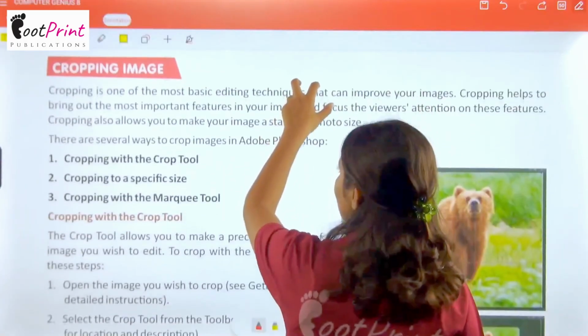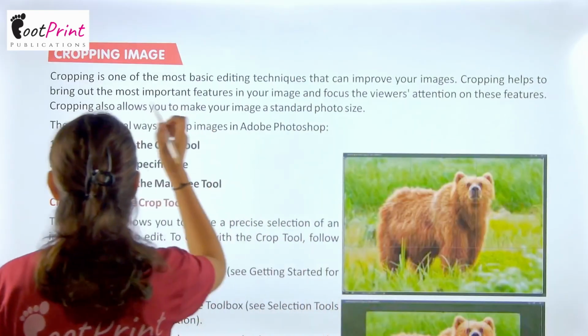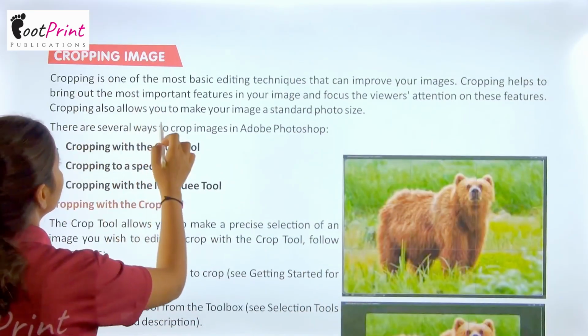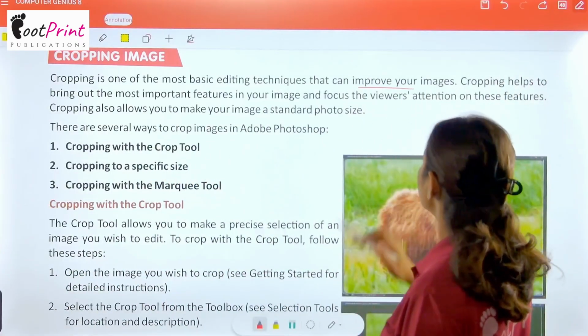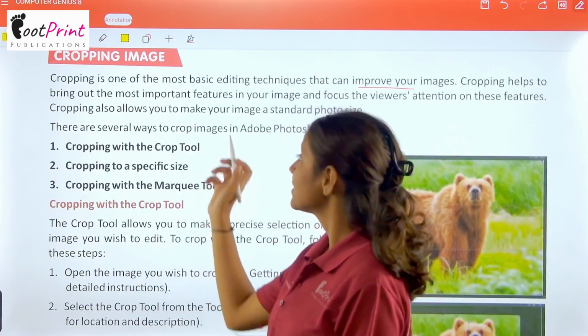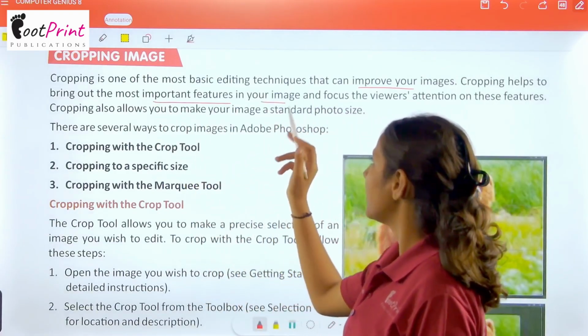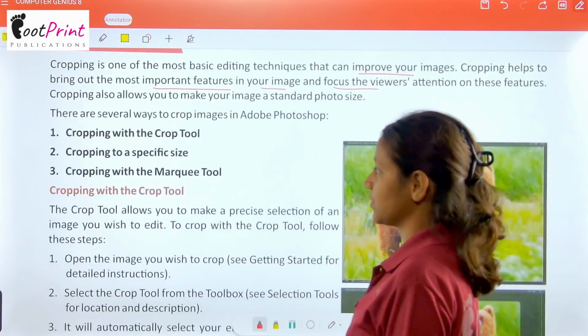So here we have cropping image. Cropping is one of the most basic editing techniques that can improve your images. Cropping helps to bring out the most important features in your image and focus the viewer's attention on these features.